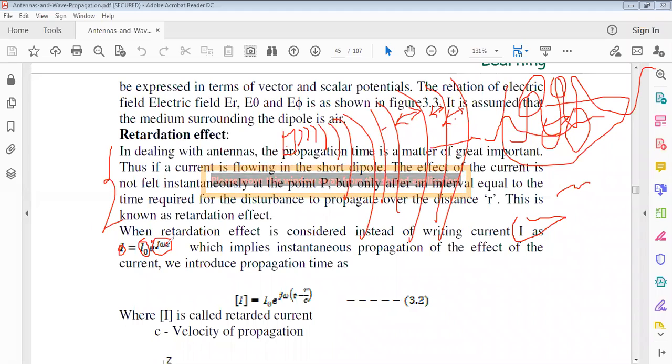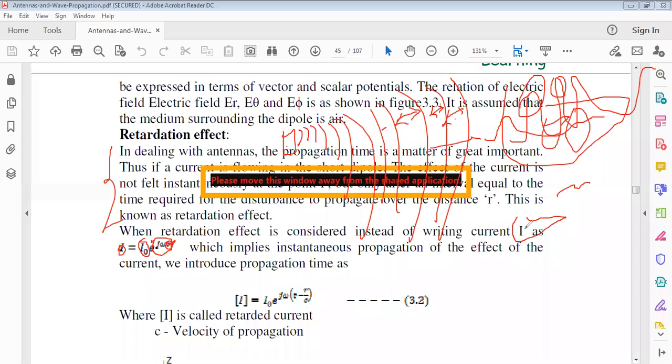Okay, here retardation always belongs to the time parameter. That's why we have to show that radiation effect in parameter t here. Okay, understand what I'm saying? The retardation effect: retardation is the continuous acceleration and retardation existing due to the high frequency AC source.